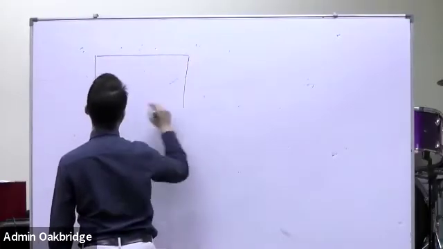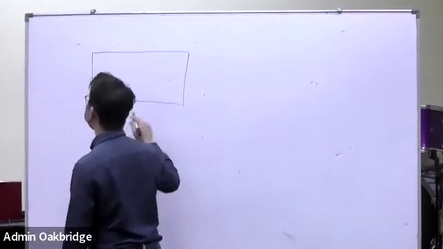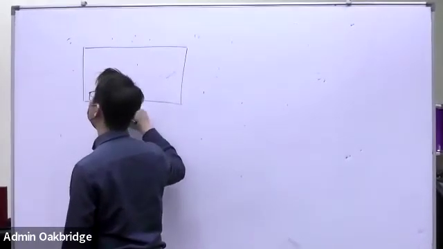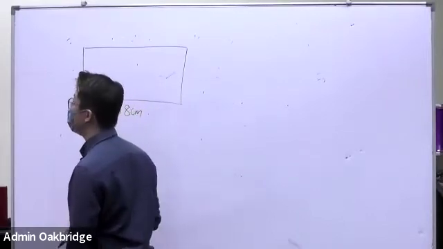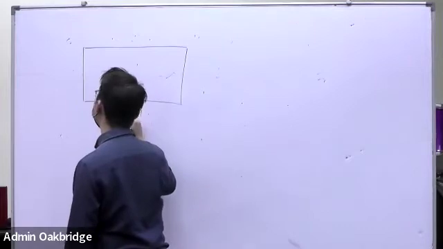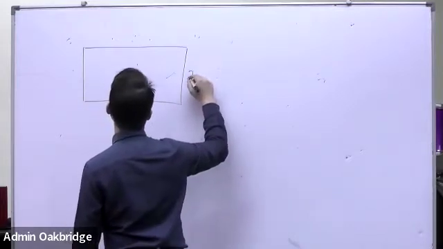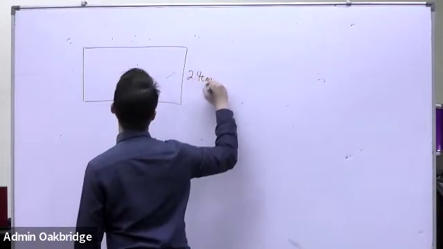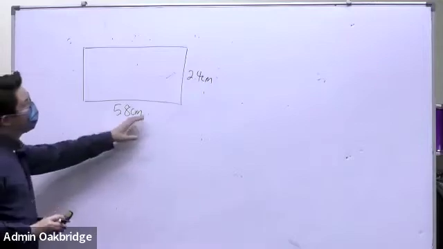Here's a rectangle with the length 5.8 cm, which is correct to 1 decimal place, so it's not the original measurement. And the width is 2.4 cm. So the 2 measurements are the length and the width.